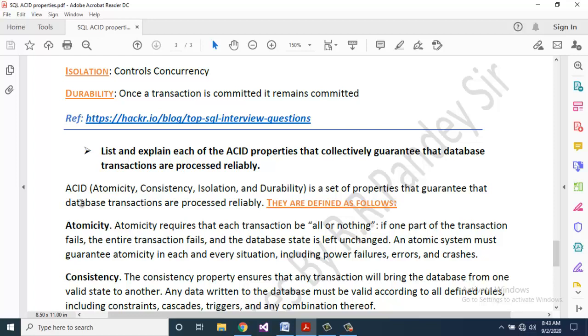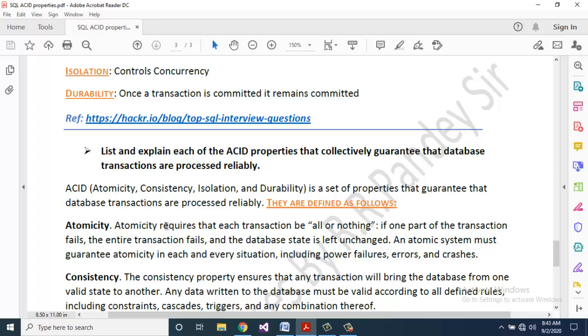First, ACID includes atomicity, consistency, isolation, and durability. It is a set of properties that guarantee that database transactions are processed reliably. They are defined as follows.